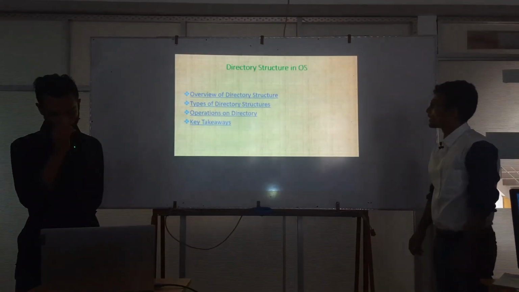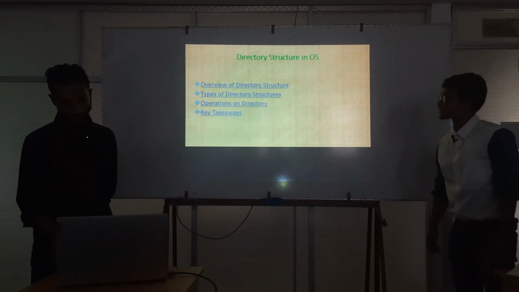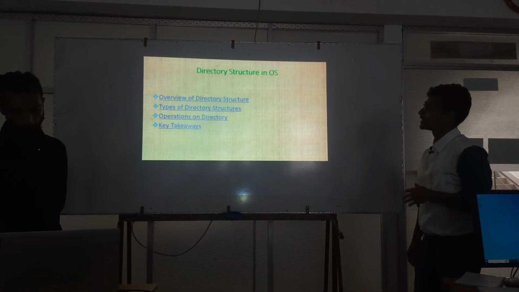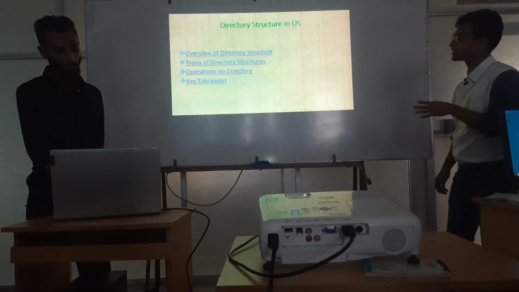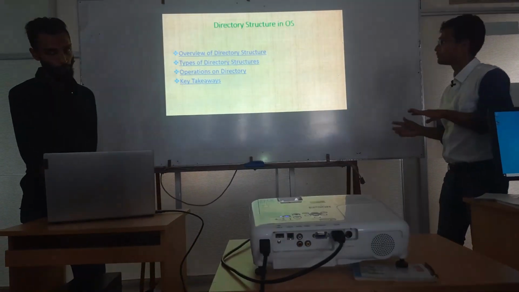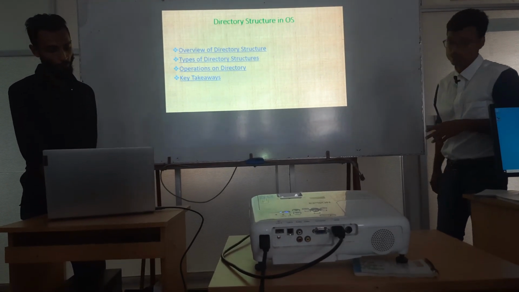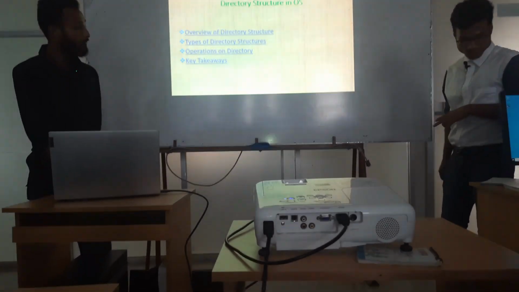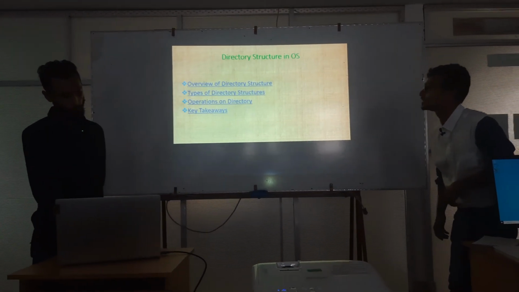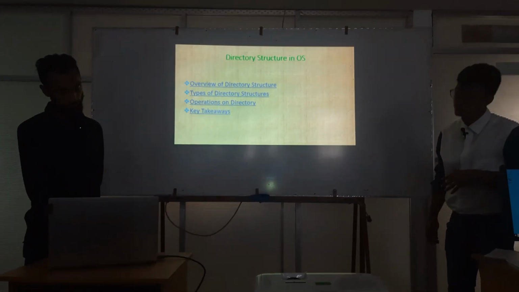Overview of directory structure. The directory structure handles millions of files. Insert and searching: searching means if any directory file exists, then we can search our directory list. Then creating: if we think we need a directory file, then we create the file.